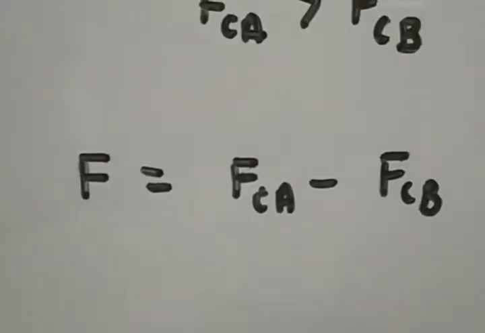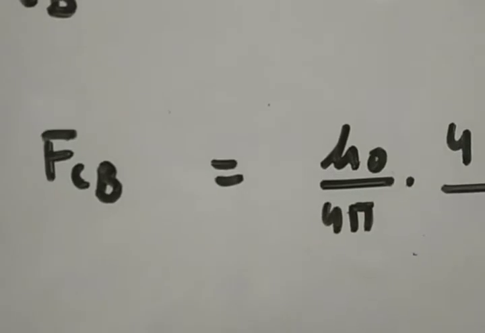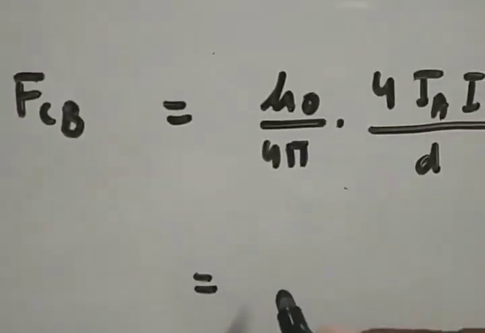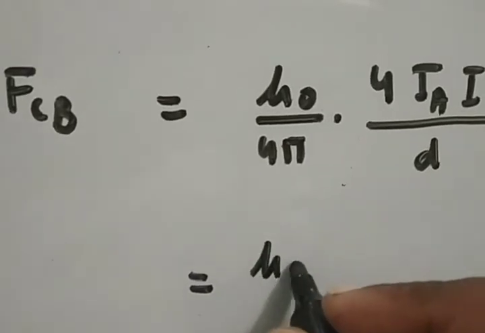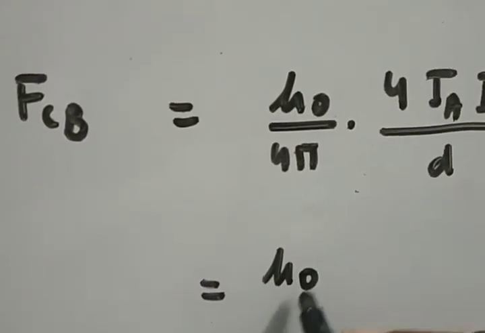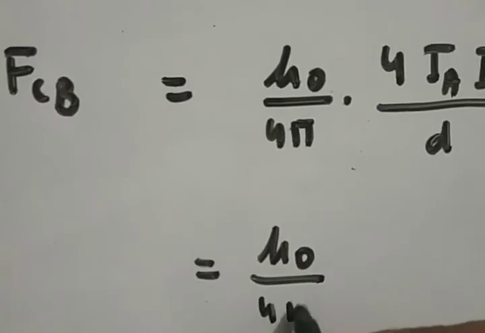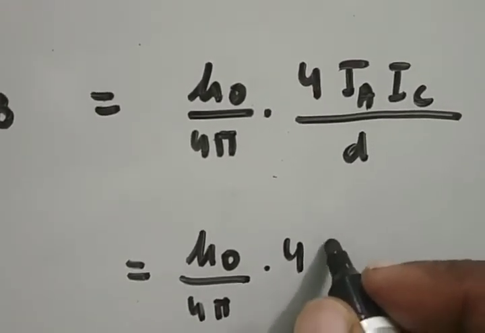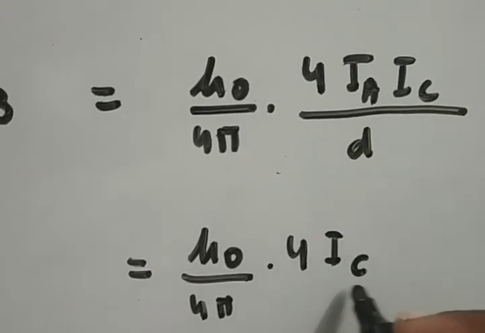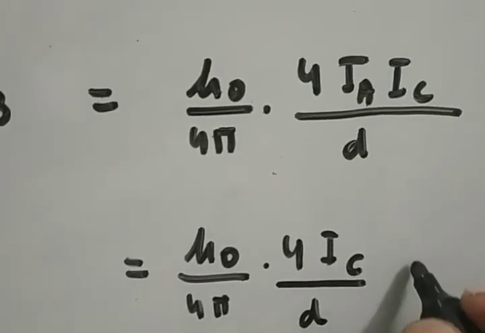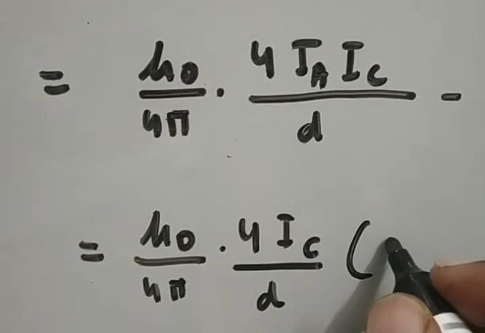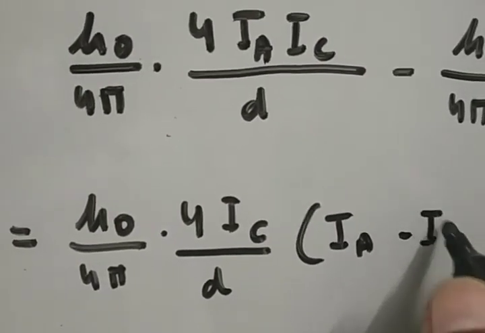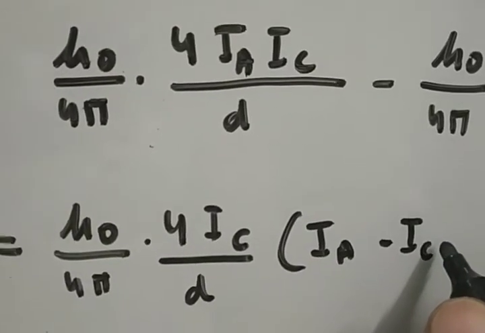So the value will be equal to, we take the common, we simplify it, mu naught upon 4 pi, we take common 4 IC and d. So it will be (IA minus IB).